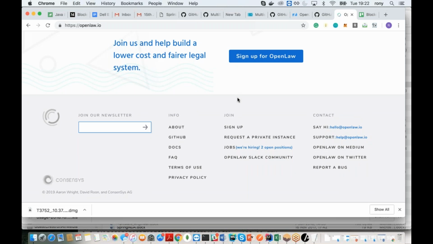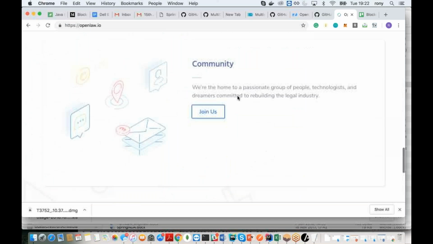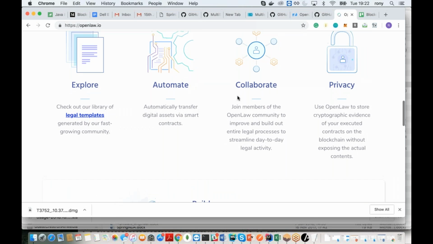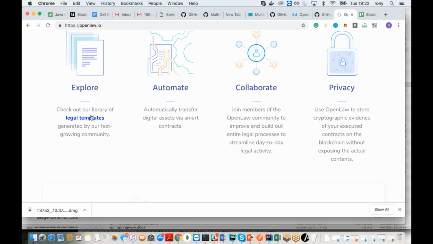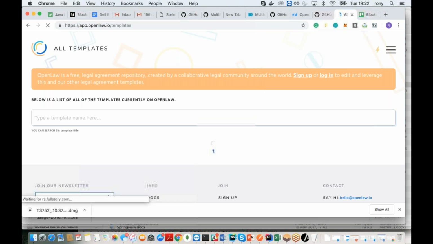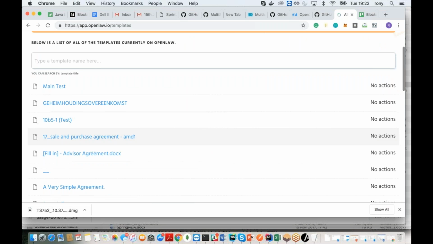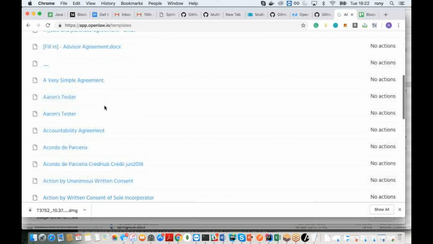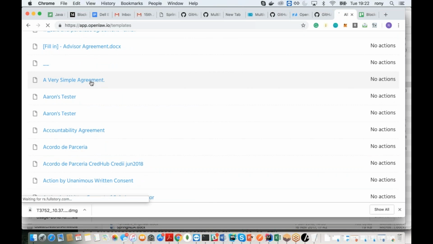If you go to legal templates on the left, go for a very simple agreement. A bit further down. Okay, this one.